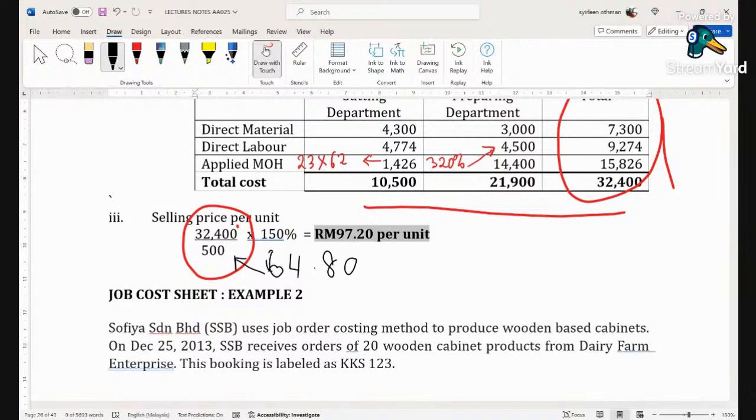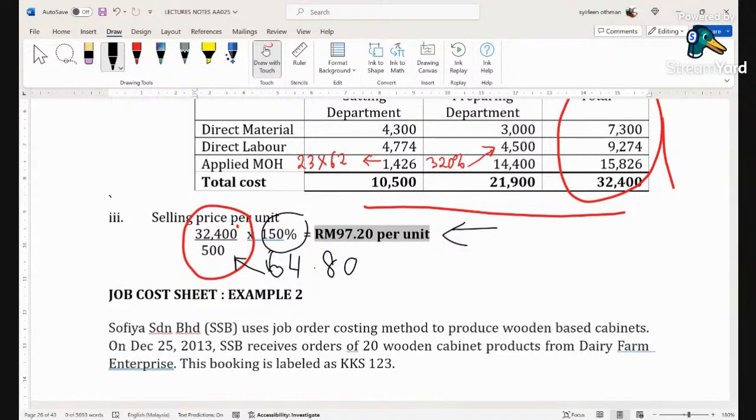Tapi bila saya dah markup dengan 150%, harga yang saya dapat ialah RM97.20. Okay, so that means yang itu will be my selling price. So cost price saya RM64.80 for one unit. My selling price is RM97.20. Itu selling price and cost price.